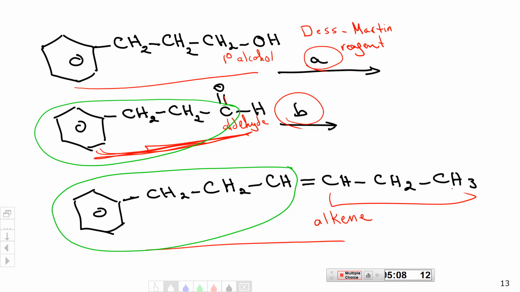So the question is, what is the reaction that we learned that can change an aldehyde or ketone to an alkene, and add carbons to it? Actually let's do it in general: what are the reactions that we learned in chapter 19 where we add carbons to a ketone or aldehyde?